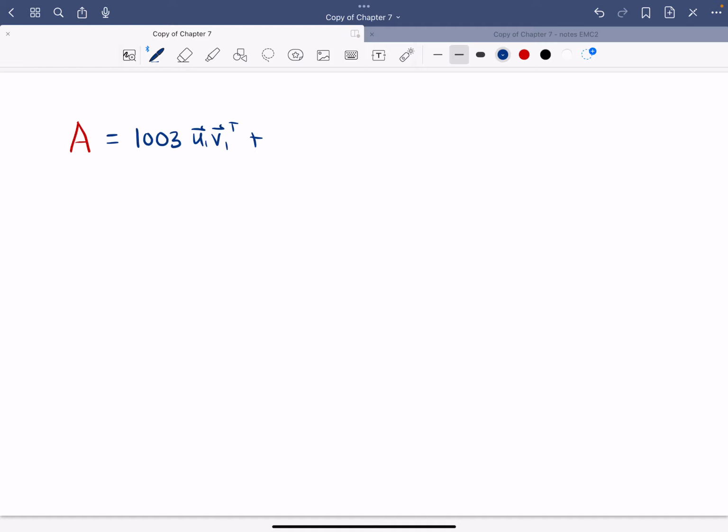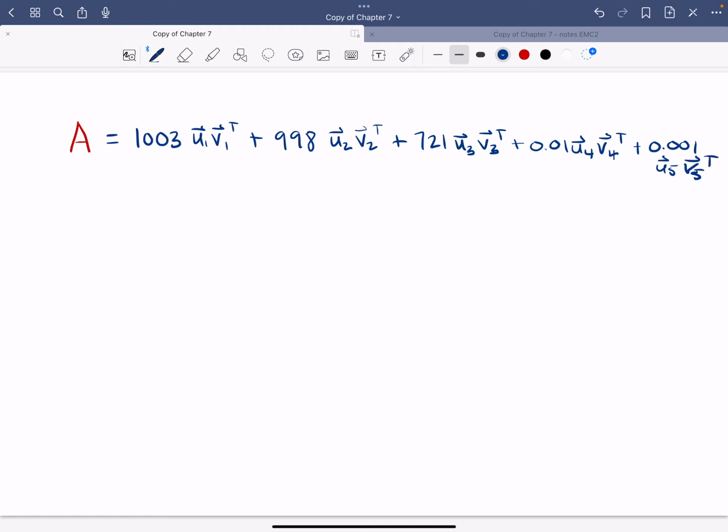Then maybe your next one is 998 times u2 v2 transpose, plus say 721 times u3 v3 transpose, plus 0.01 and 0.001 times say u5 v5 transpose. So each of these is a simple rank 1 matrix.